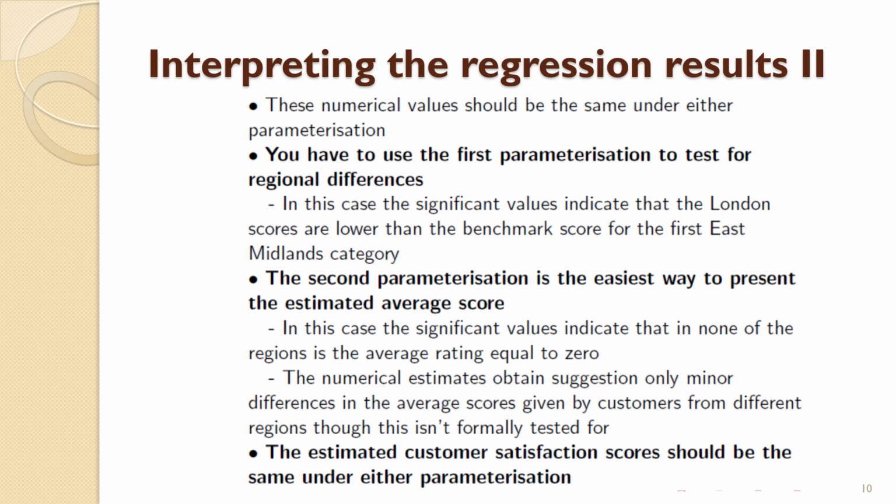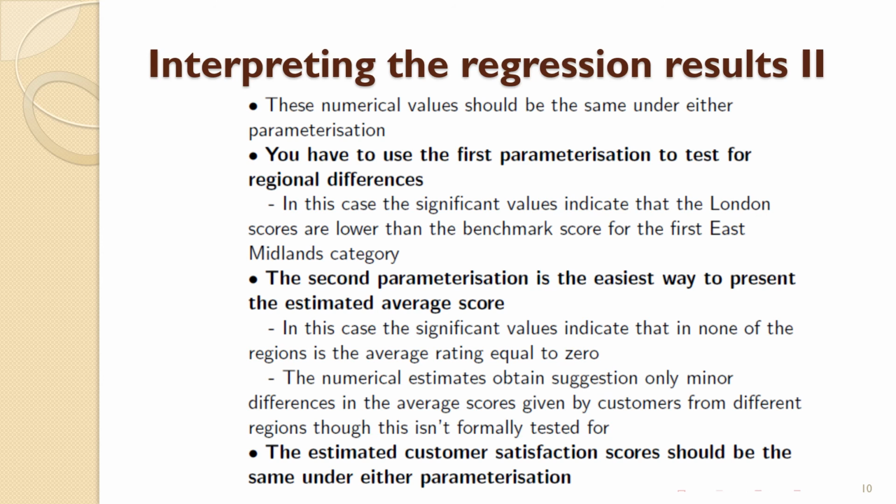In this case, the significant values, the p-values being less than 0.05 on the previous slide, aren't really very informative. All they do is indicate that in none of the regions is the estimated average rating equal to 0. The numerical estimates obtained suggest only minor differences in the average scores given by customers from different regions, although this isn't formally tested for.